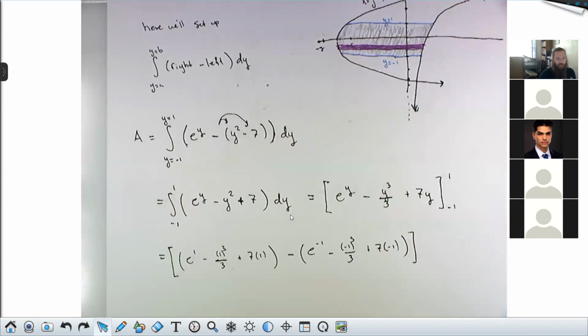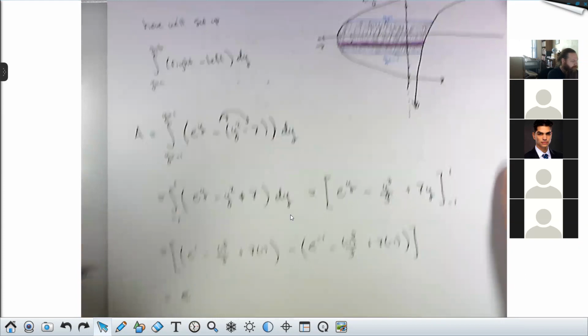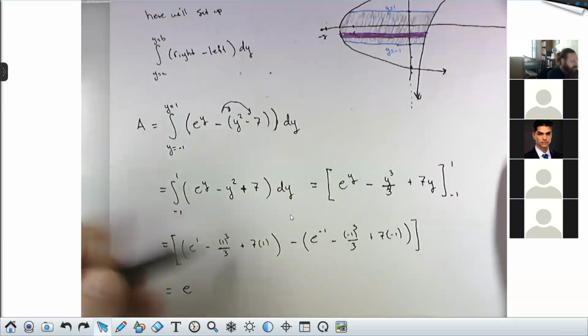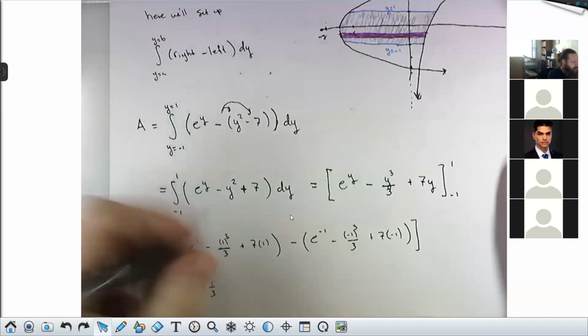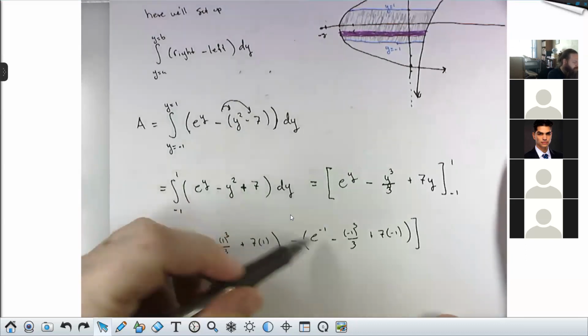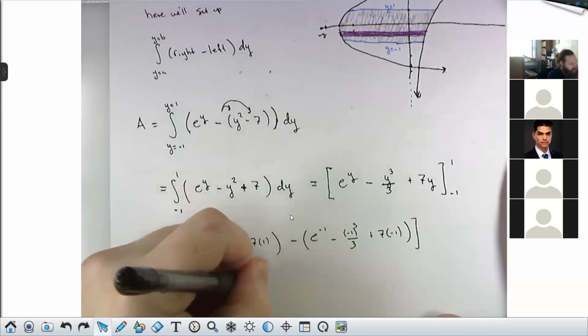And this can be cleaned up considerably, so we should do it. E to the 1 is just e. 1 cubed is 1, so that's minus 1/3. Plus 7 times 1 is just plus 7. Then distributing this negative, e to the -1 is 1 over e, so this will be minus 1 over e.